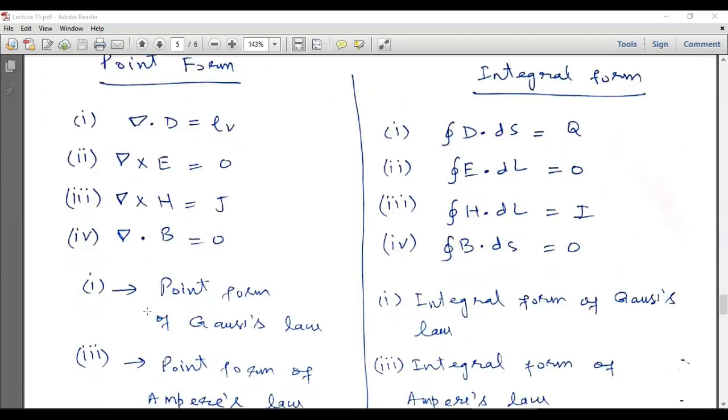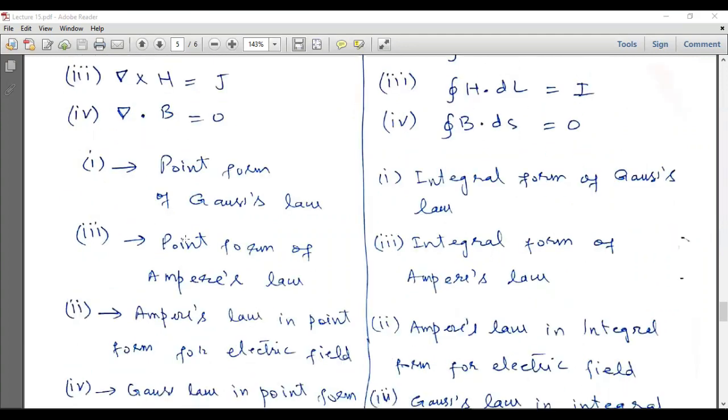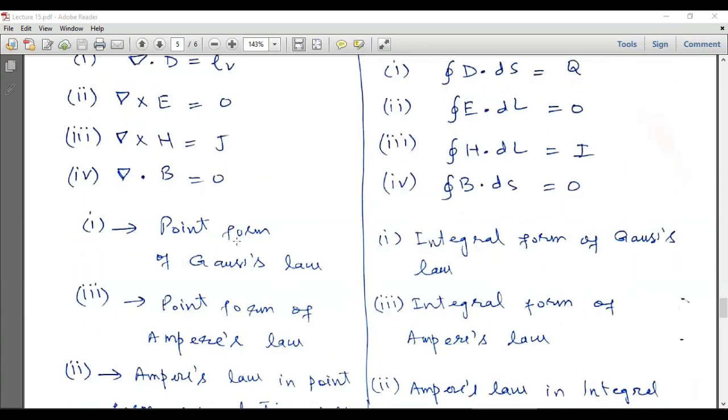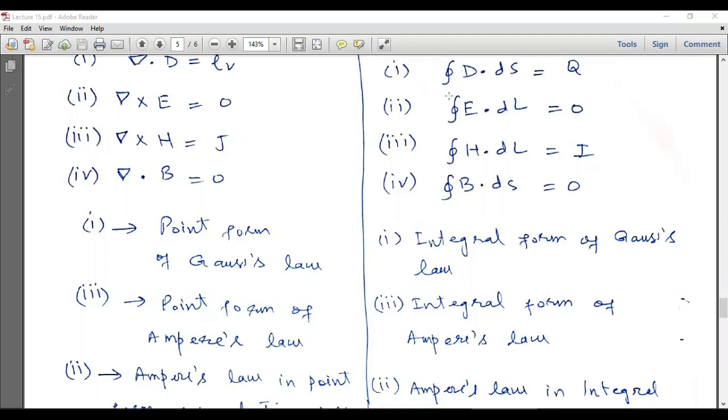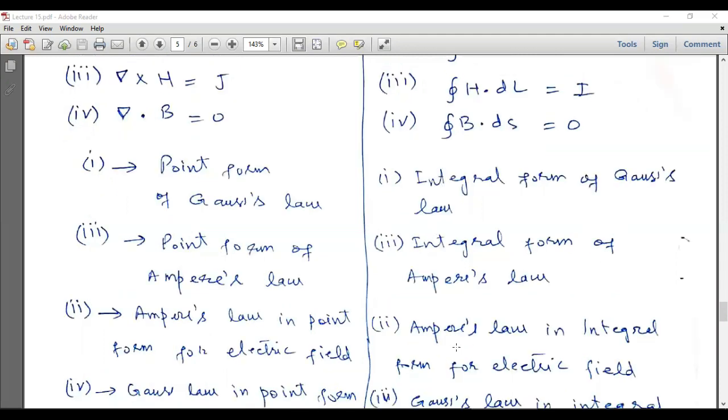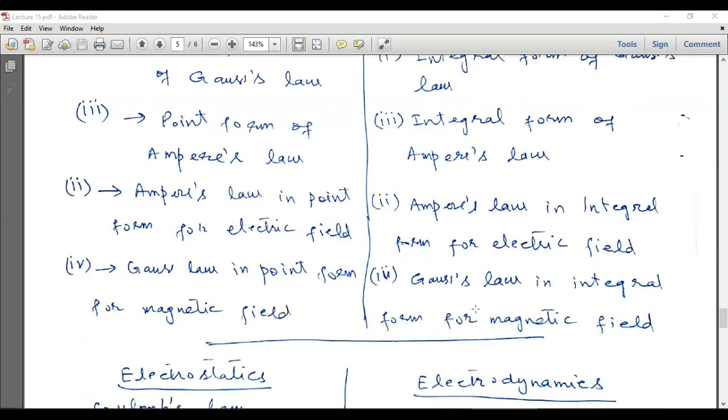So the first equation is the point form of Gauss's law, and here the first equation is the integral form of Gauss's law. Similarly, the third equation is the point form of Ampere's law, and here the third theorem is the integral form of Ampere's law. The second Maxwell's equation, del cross E is equal to 0, is Ampere's law in point form for electric field, and here the second equation, the closed line integral of E dot dl equal to 0, is the Ampere's law in integral form for electric field.